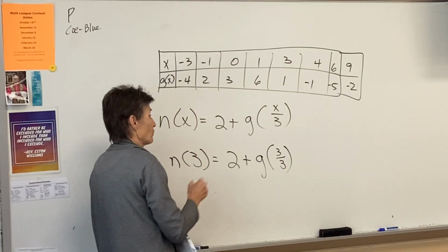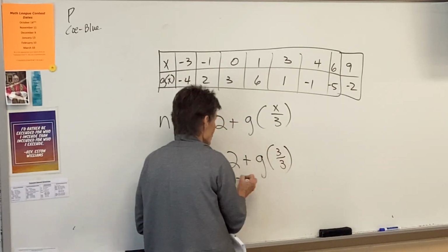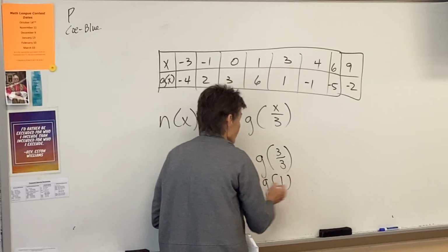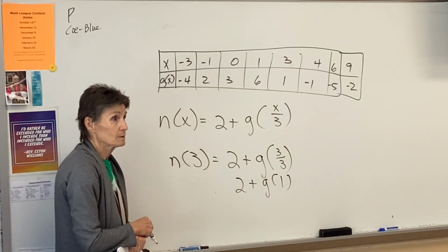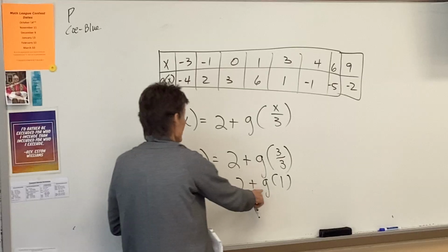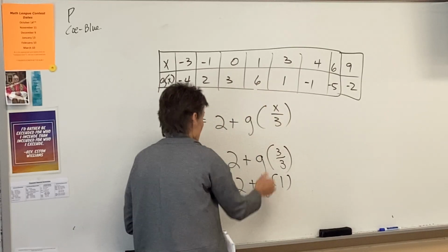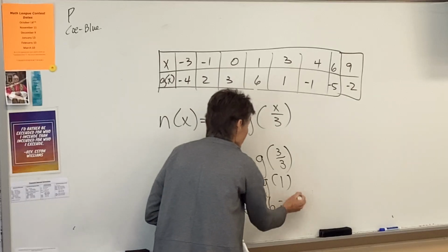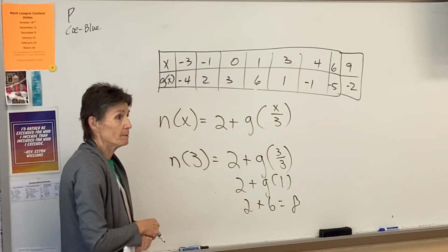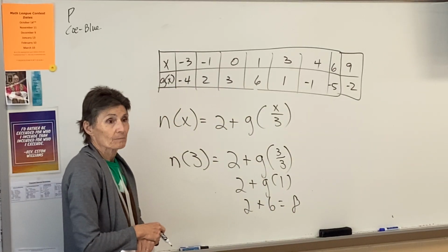So I don't look for 3 in the table, I actually look for 1 in the table. And g of 1 is 6. So the answer to this problem would be 8. Right?